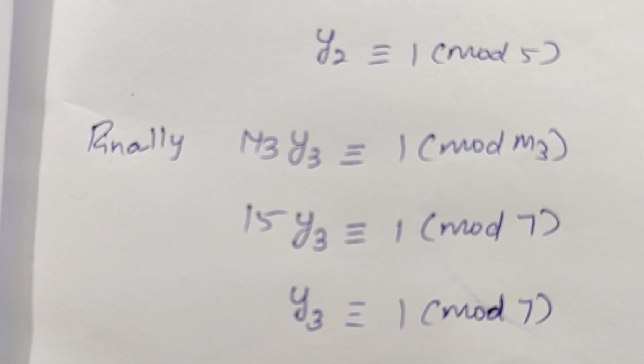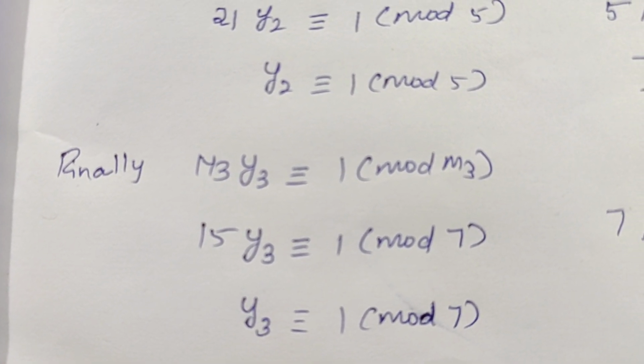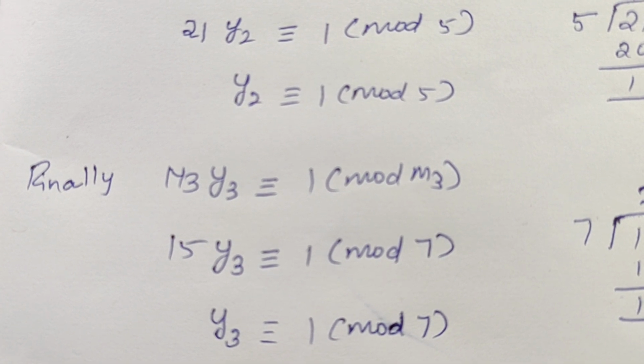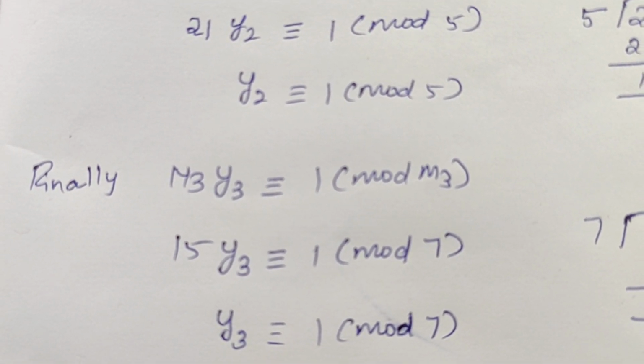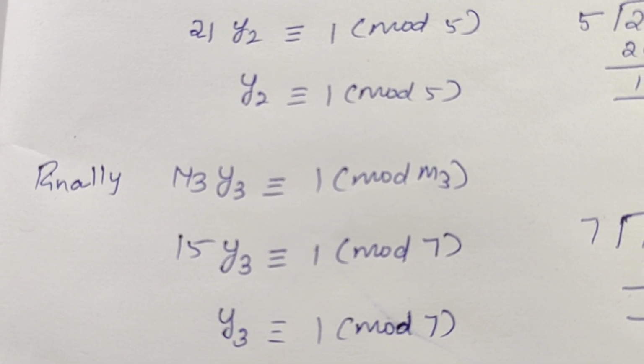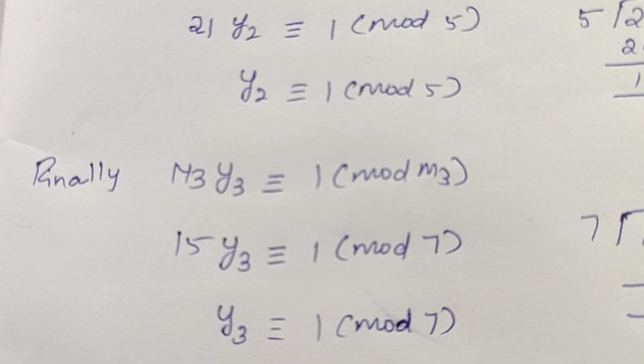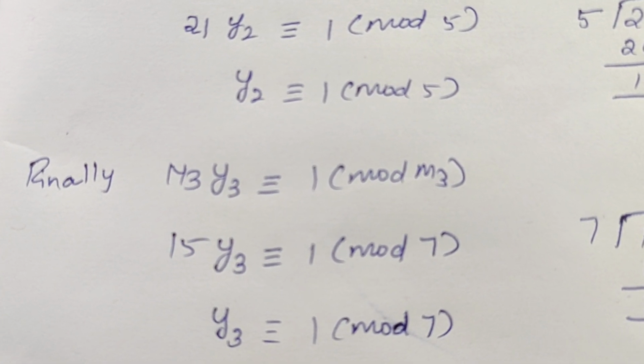I find the value of y3 by using the formula capital M3 y3 is congruent to 1 mod small m3. So here, we already found the value of capital M3 as 15, and small m3 value is equal to 7.